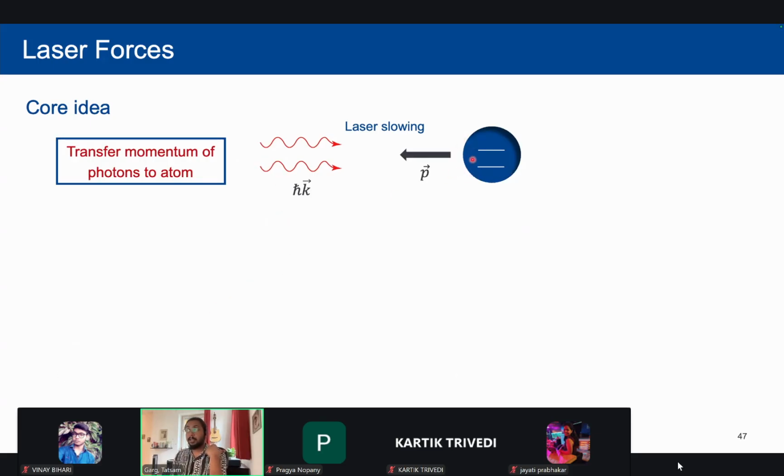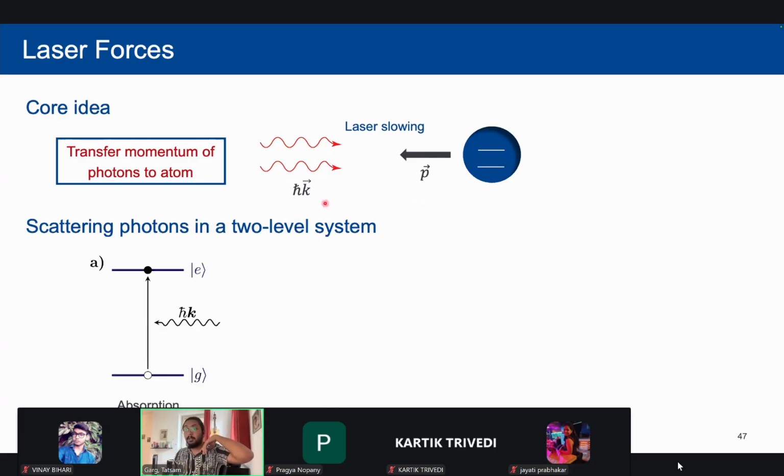Let's say your atom is traveling against the light field, so it has momentum along the left direction, and your photon is going in the opposite direction, and you want to transfer the momentum from the photon to the atom. How do you do this? Well, your atom had internal states, these ladder-like states that we talked about, and now we can just focus on two rungs of the ladder and forget about the rest.